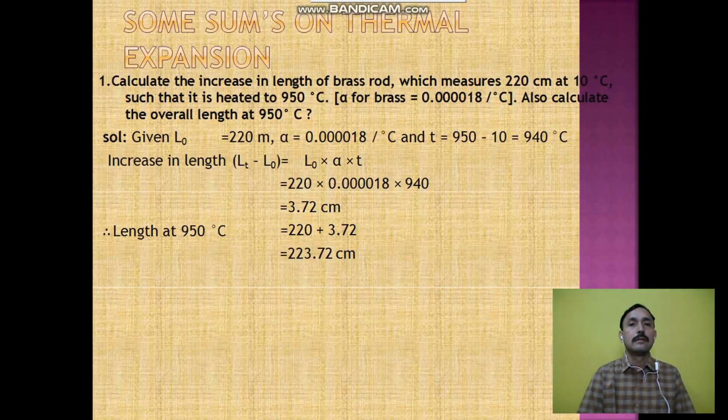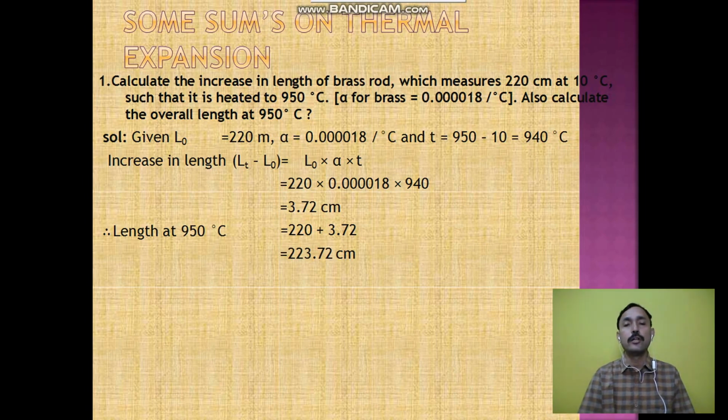Now, some sums on thermal expansion. Calculate the increase in length of a brass rod which measures 220 centimeter at 10 degrees centigrade when it is heated to 950 degrees centigrade.